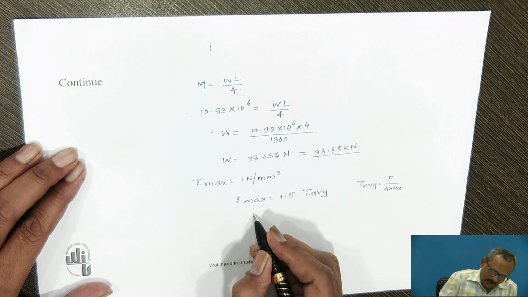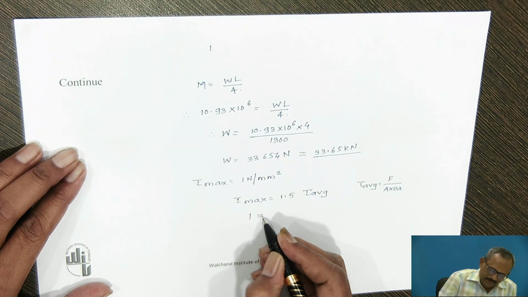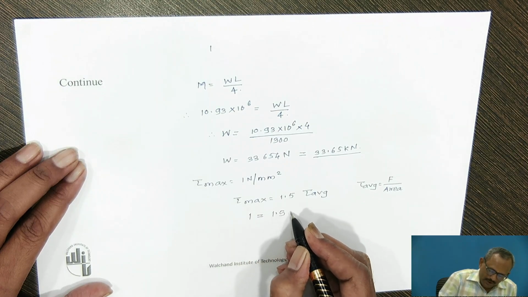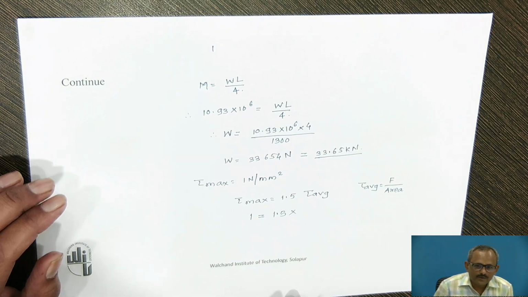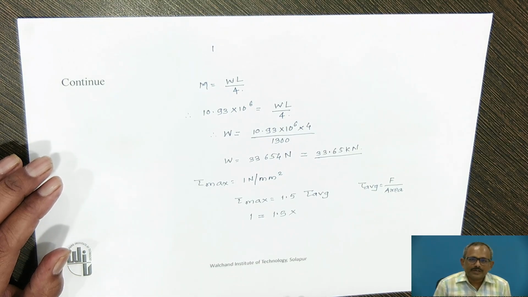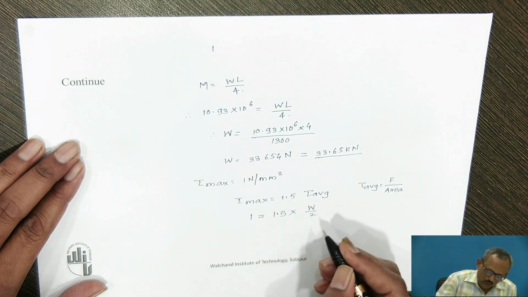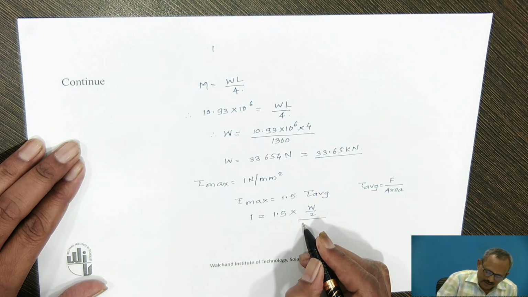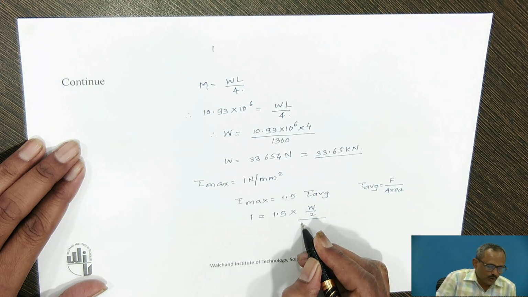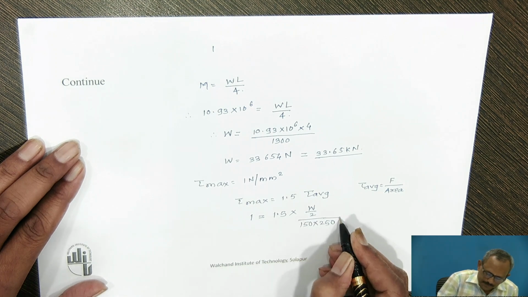So tau max, which is 1 Newton per mm square, is equal to 1.5 into maximum shear force, W by 2, divided by the area of the section, that is B into D, which is 150 into 250.